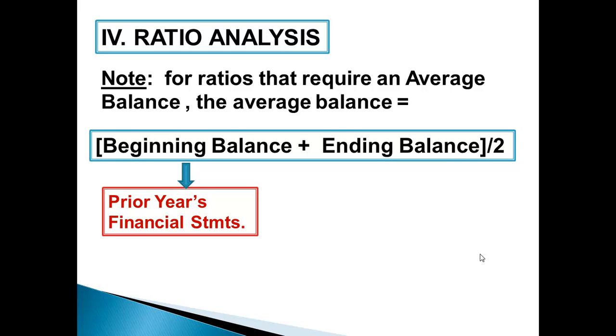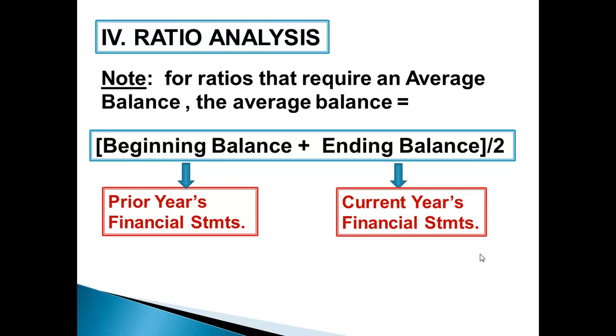Then when we look at the 2010 column, that will be the ending balance for 2010. So you will typically see, at least for your balance sheet, 2 years worth of financial statements, so that you do know a beginning and an ending balance.